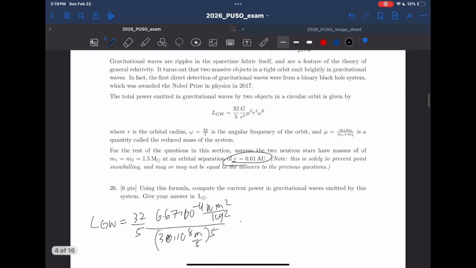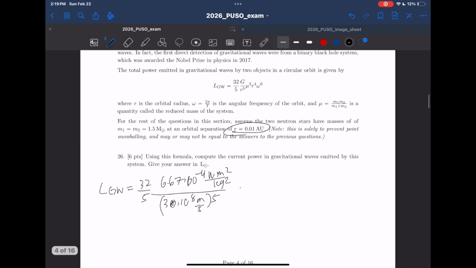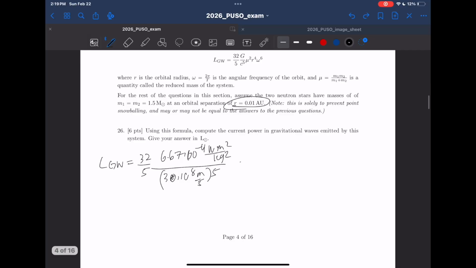Okay, so I'm just plugging in the formula right now, by the way. So mu, we can calculate as M1 times M2 divided by M1 plus M2. So then mu is equal to 3 over 2 times 3 over 2 divided by 3 over 2 plus 3 over 2. So this is equal to 9 over 4 divided by 6 over 2.